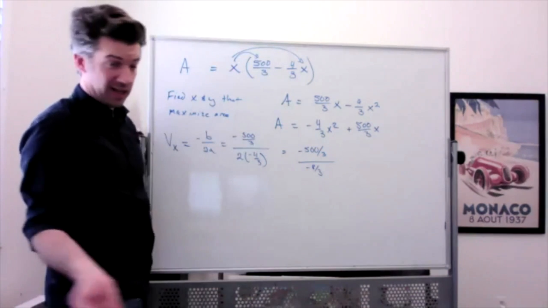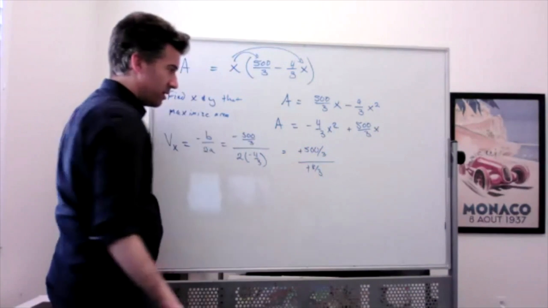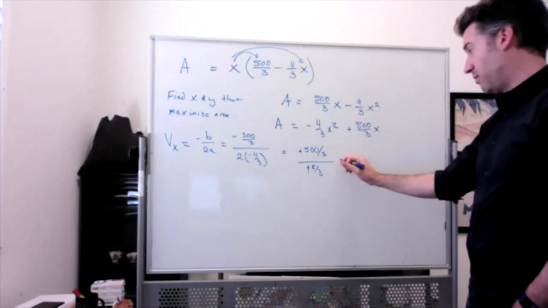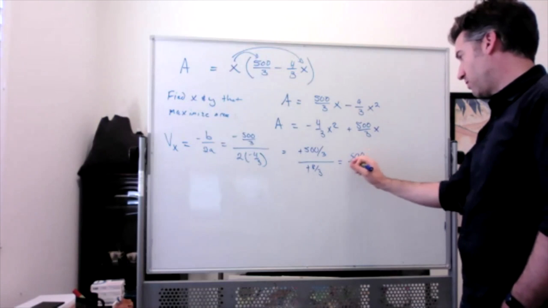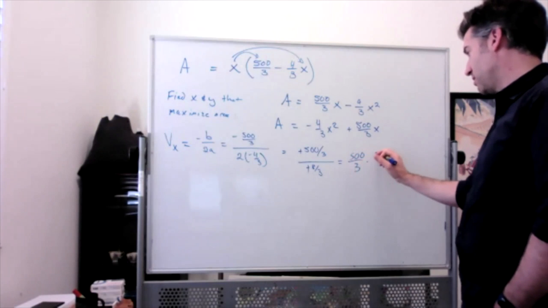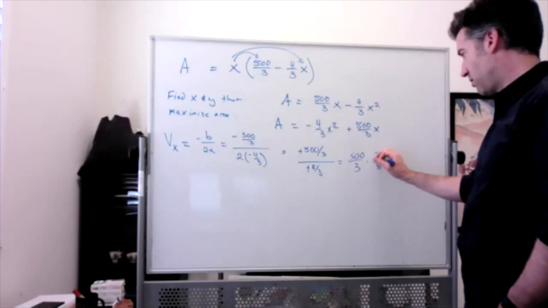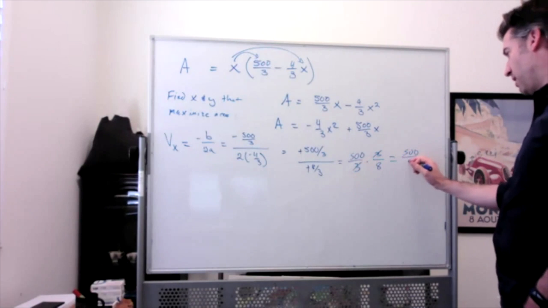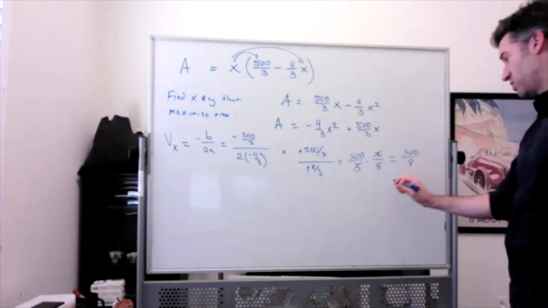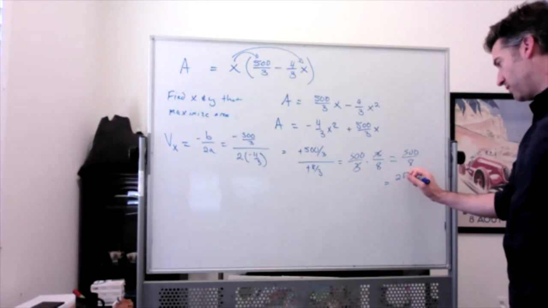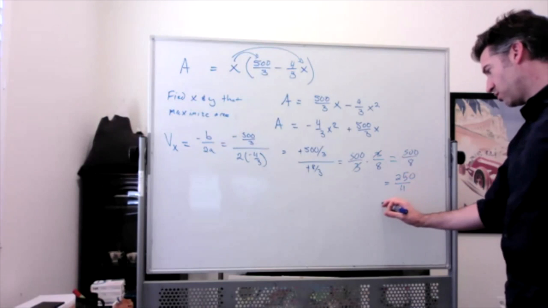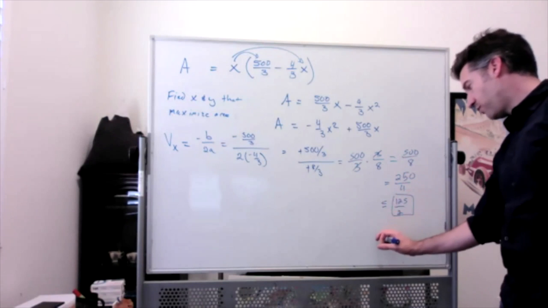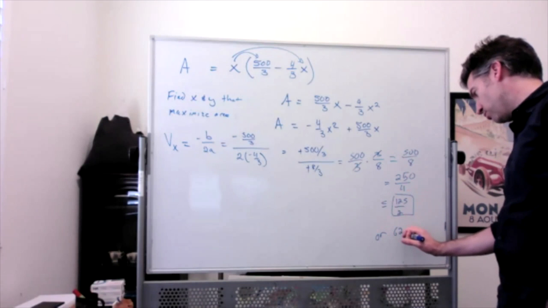I can get rid of the negatives. And when you divide fractions, you flip and multiply by the bottom. So this is going to be 500 thirds times 3/8. The 3's cancel. You get 500 divided by 8. And we can reduce that fraction to 250 over 4 or 125 over 2. Or if you prefer, 62.5.